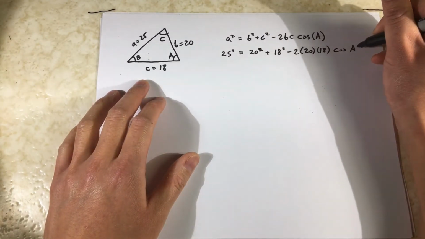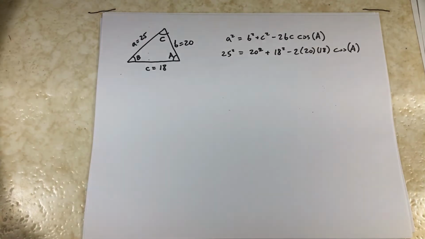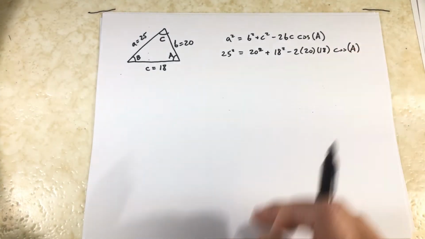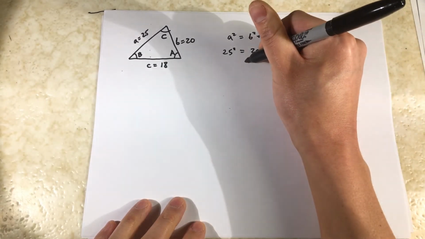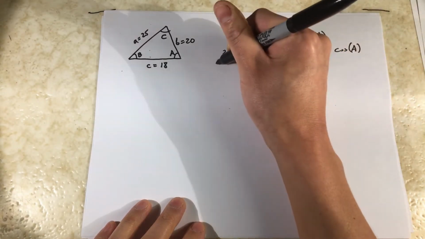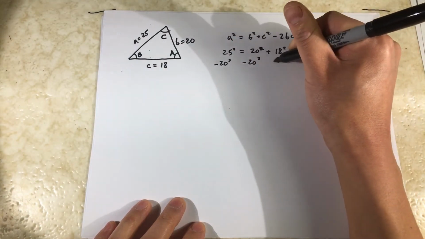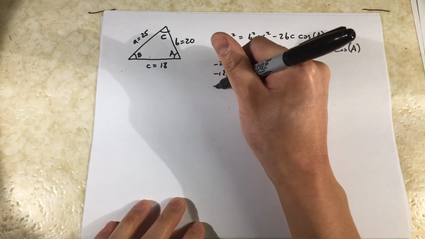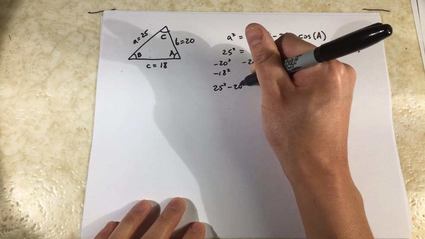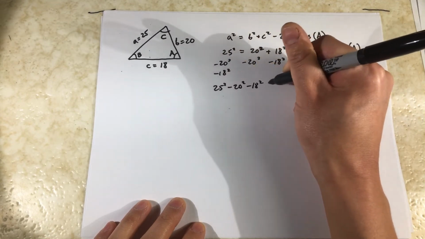Cosine of A. So the first thing you have to do is you have to solve for cosine of A. So what I'm going to do is I'm going to subtract this 20 squared from both sides. I'm also going to subtract this 18 squared from both sides. So I'm going to get 25 squared minus 20 squared minus 18 squared.